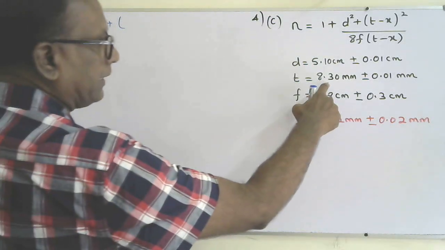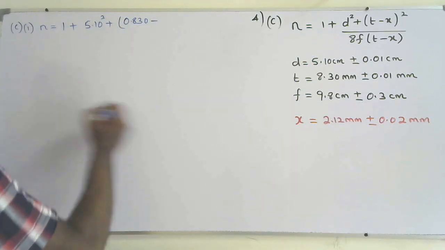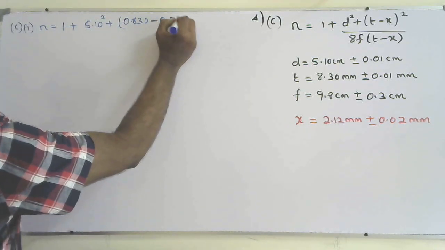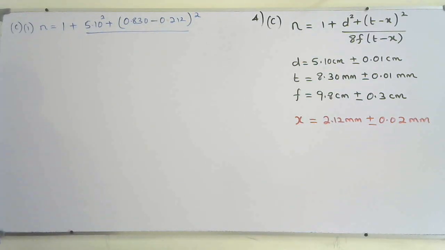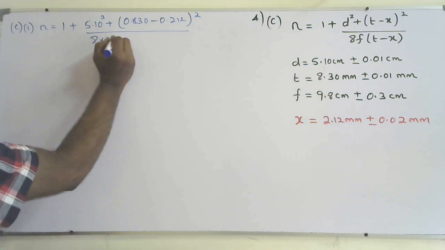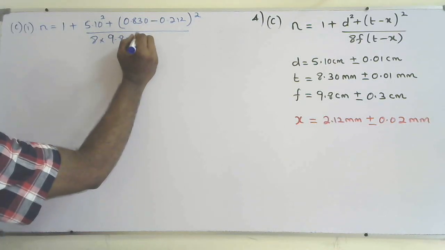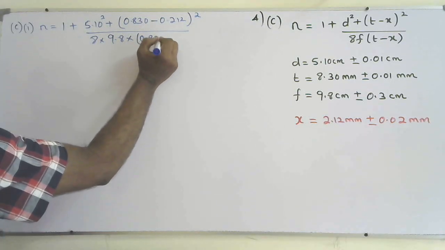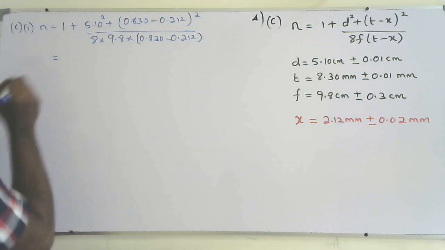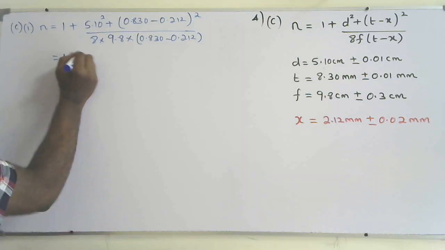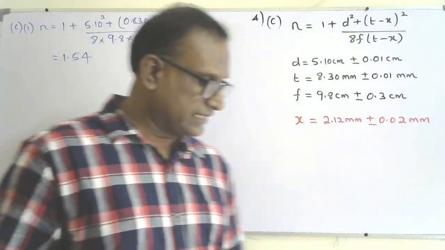T is given in millimeter, convert to centimeter, 0.830, minus x, which is in millimeter, 0.212, all things squared, divided by 8 into the focal length, 9.8 centimeter, into again 0.830 minus 0.212. Solve it. You will get 1.54. That's the refractive index. We'll calculate it from this equation.